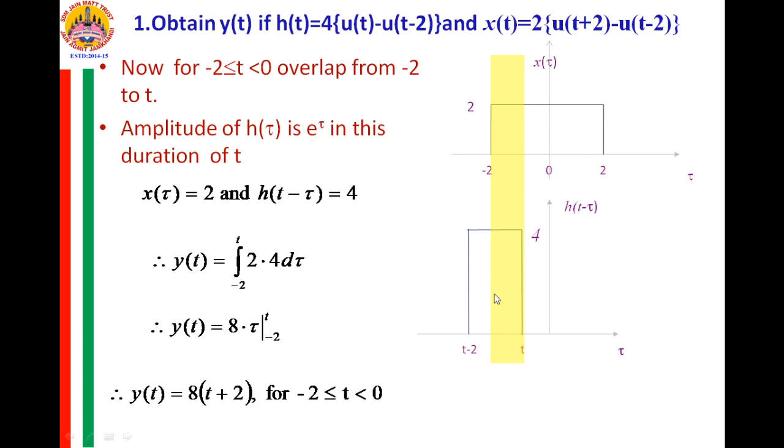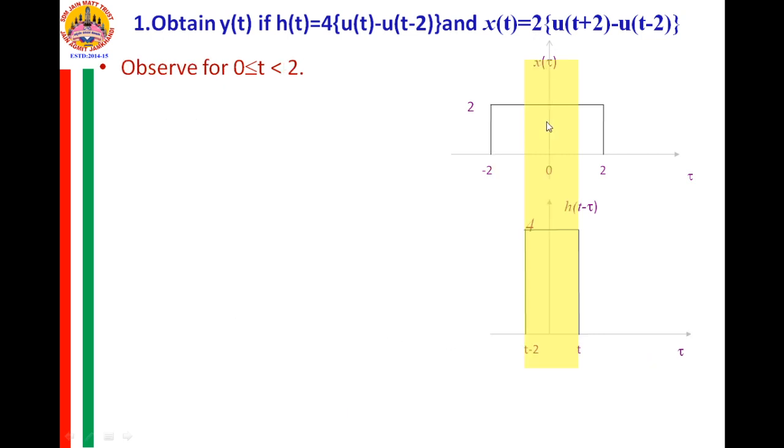Now for 0 onwards, at 0 you observe that this entire width overlaps. So if we go on moving this up to another 2 units, that is when this 0th end appears at this 2 end. If I shift to this side, up till that this entire width will be overlapping with x of tau. That is for t greater than or equal to 0 and less than 2.